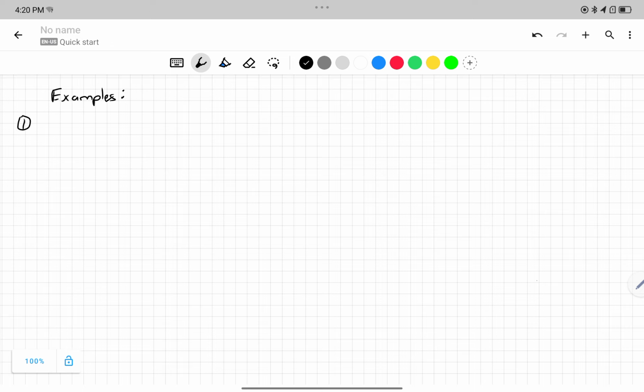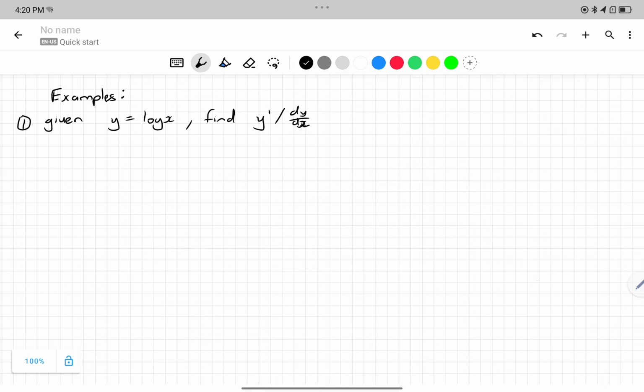Example 1 says, given y is equal to log x, find y prime or dy over dx.